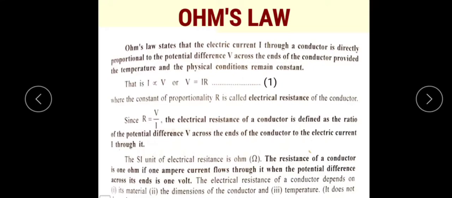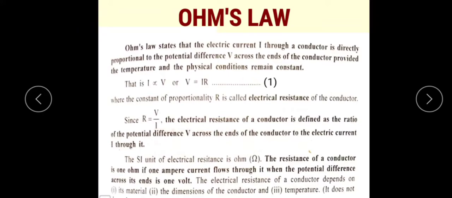The definition is like this. The electrical resistance of a conductor is defined as the ratio of the potential difference V across the ends of the conductor to the electric current I through it. That is the definition of electric resistance.